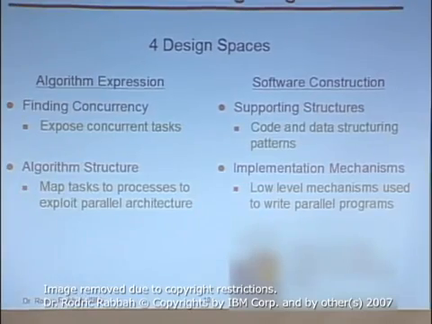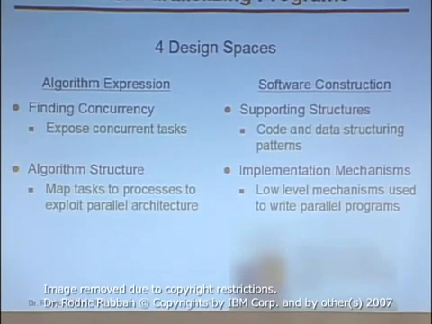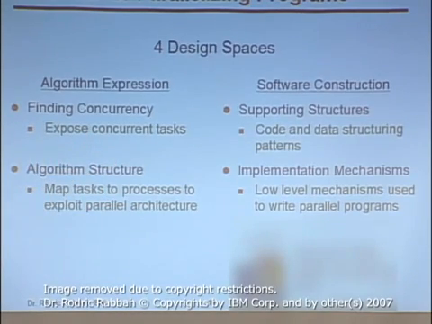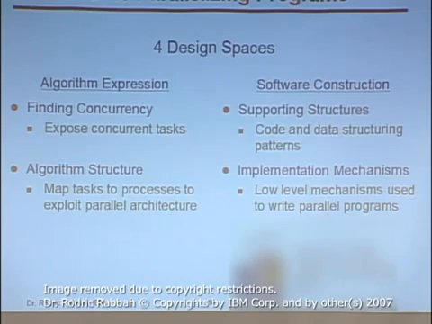In the algorithm structure, you might need some way of packaging those tasks together so that they can talk to each other and be able to use a parallel architecture. On the software construction side, you're dealing with slightly more low-level details. So what are some things you might need at a slightly lower level of implementation to actually get all the computation that's expressed at the algorithm level to work and run well?